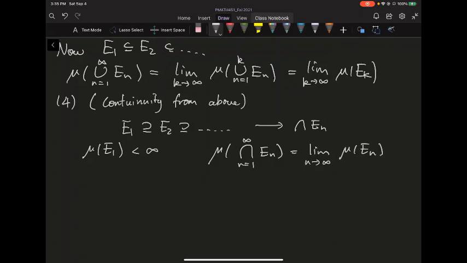All right. I'm not going to prove this one, so I will leave it as an exercise. I'll put it on your second assignment. And you should also convince yourself that the condition where I require mu of E1 less than infinity is really necessary. That's going to be a question on the assignment as well.